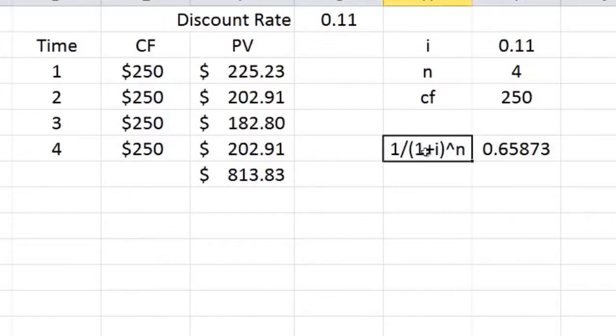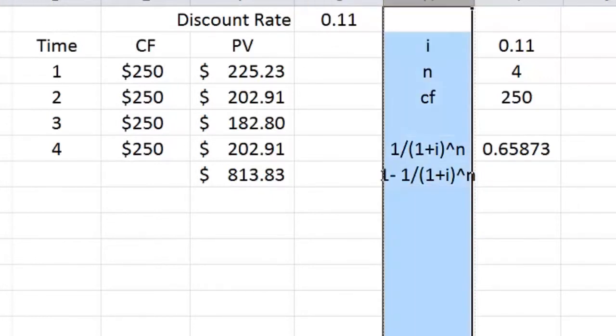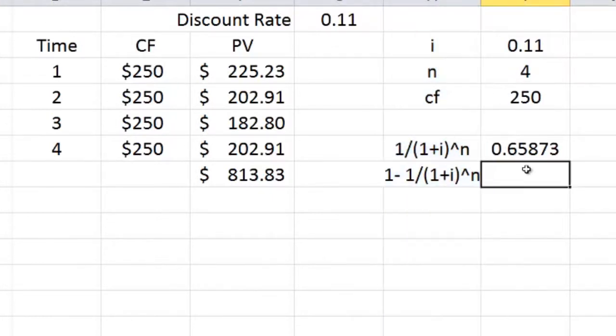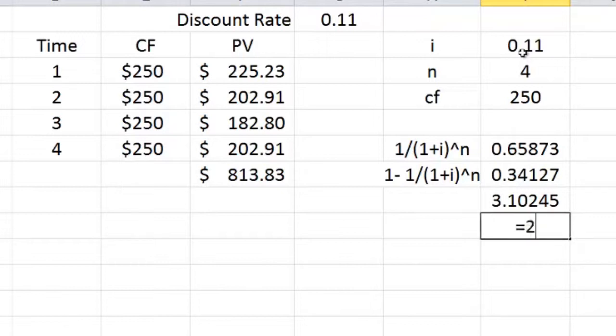Next, I calculate one minus that. Then I divide that by I, so then I have the whole thing in brackets. So it equals that divided by the discount rate. And then I'll multiply this by the cash flow.